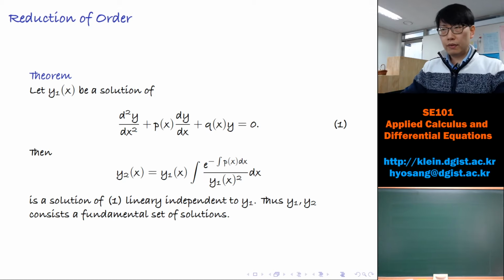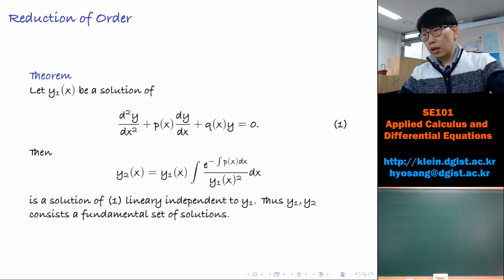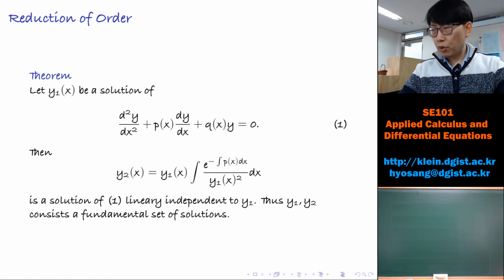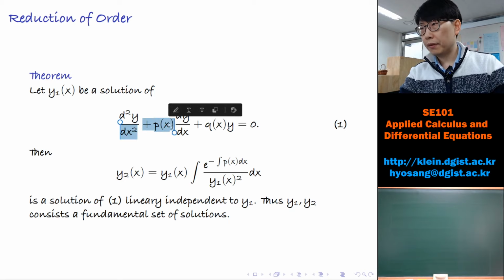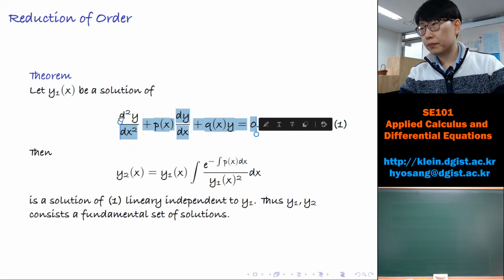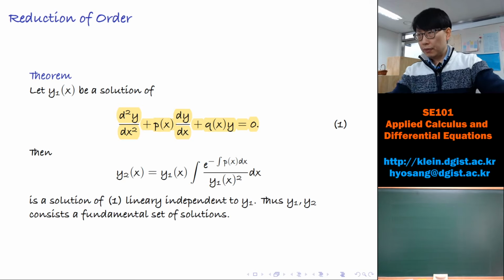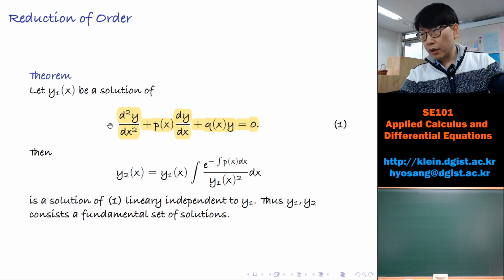Okay, let's first talk about reduction of order. The assumption is that we have this form of differential equation. Be careful that there is a 1 on the coefficient of y double prime.